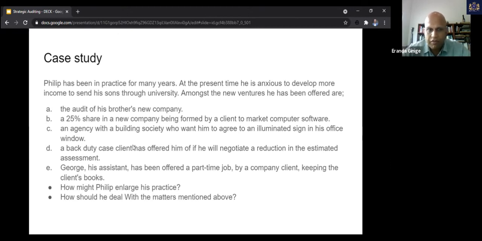Among the new ventures he has been offered are the audit of his brother's new company, a 25% share in a new company being formed by a client to market computer software, an agency with a building society who want him to agree to an illuminated signboard in his office window, a back duty case client has offered income if he will negotiate a reduction in the estimated assessment. George, his assistant, has been offered a part-time job by a company client, keeping the client's books.